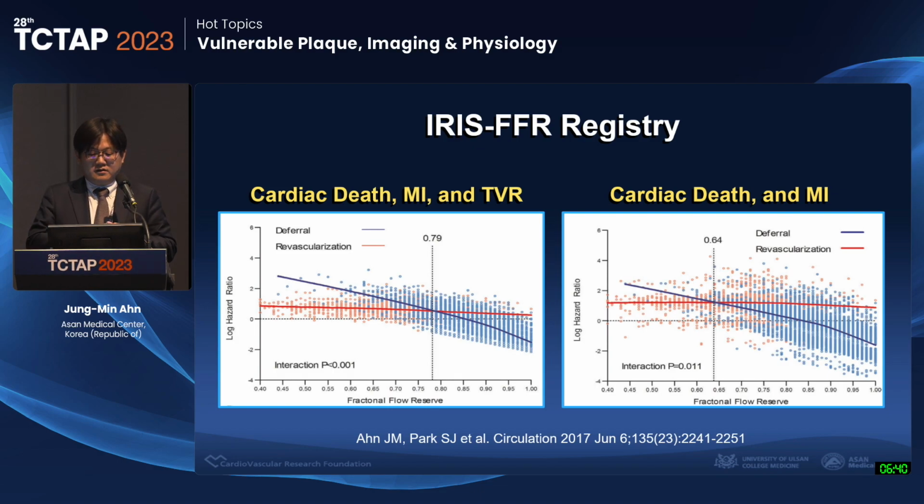I show that regarding cardiac death, MI, and TVR, including the TVR, the cutoff value was 0.79, supporting the contemporary cutoff value. Regarding the hard endpoint of cardiac death and MI, the cutoff value is lower than the contemporary cutoff value, 0.64 or something. This is very similar to the mean FFR value of the FAME 2 trial.